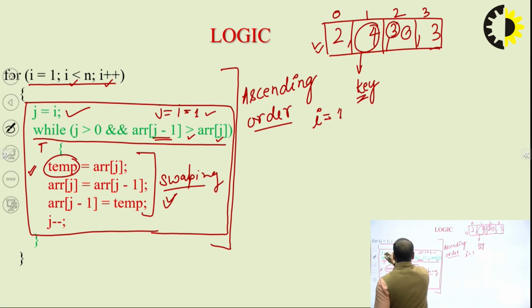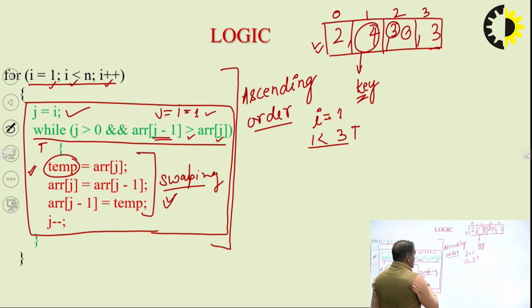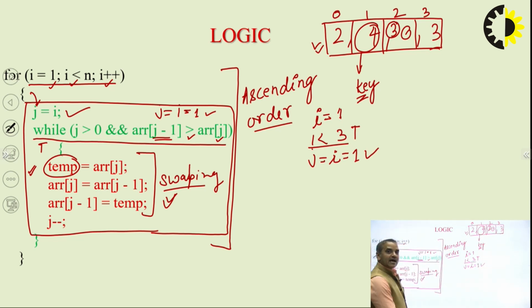This is the step where we assign i equal to 1. 1 is less than the size of the array, which is 3. The condition is true. Now the pointer enters inside the loop and takes j equal to i, equal to 1. Now the value assigned to j is 1.